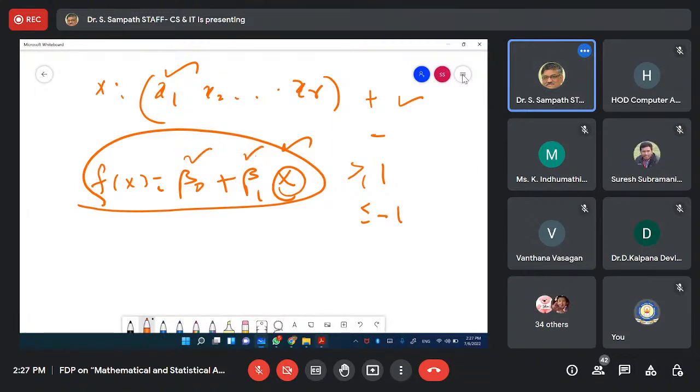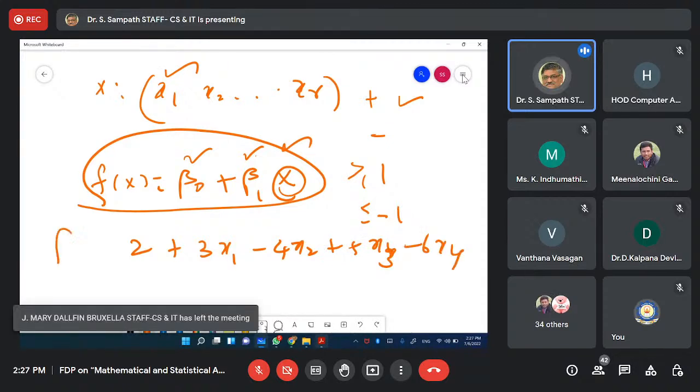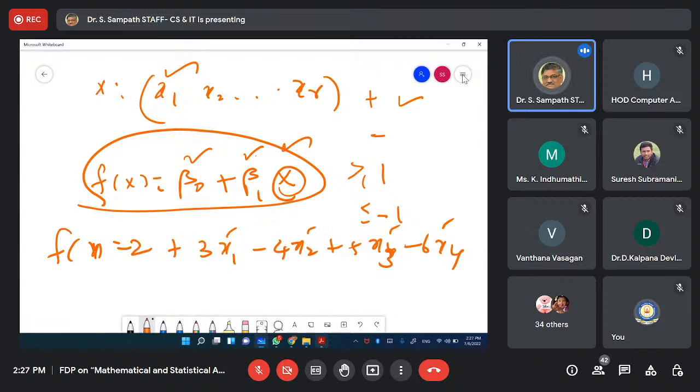Am I correct? So if you see, for example, if I give 2 plus 3x1 minus 4x2 plus 5x3 minus 6x4, if I give a function like this, you do not have any unknown value, because these x1, x2, x3, x4 values are values assumed by the features in the training data set.